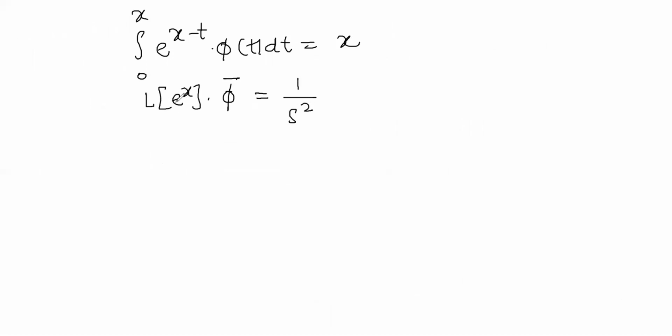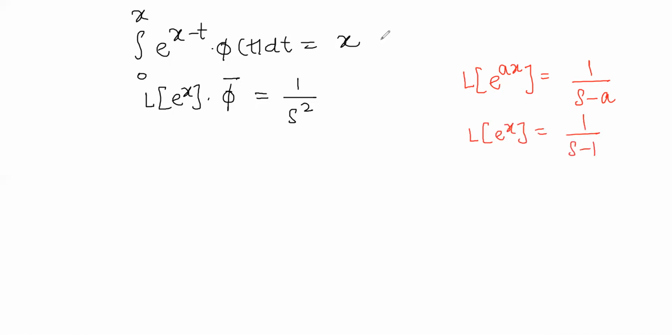Now take the Laplace transform of e power x. So let me mention here the formula for L of e power a. It was t, but here I'll write it in terms of x. So it is nothing but 1 upon s minus a. Here my a is 1, so Laplace of e power x will be equal to just 1 upon s minus 1.